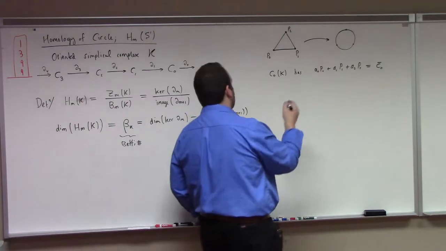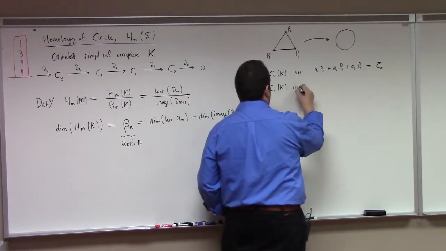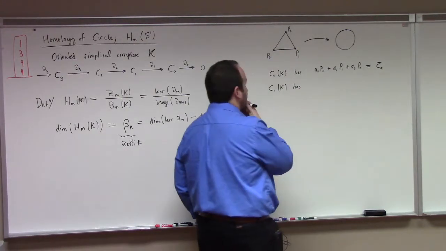A generic one chain has, what would a generic one chain look like?